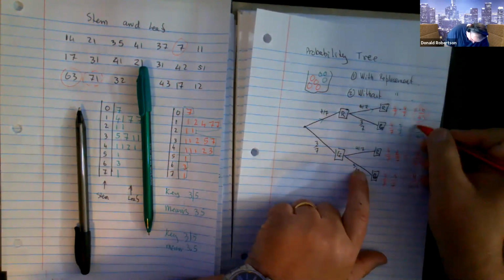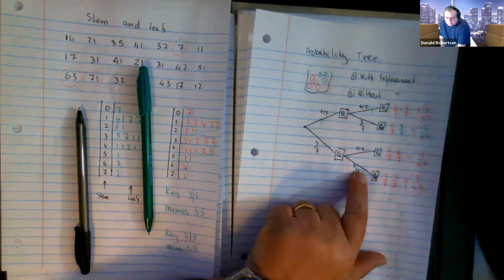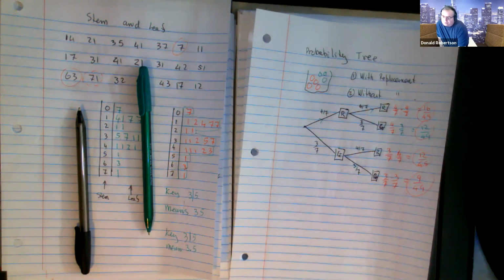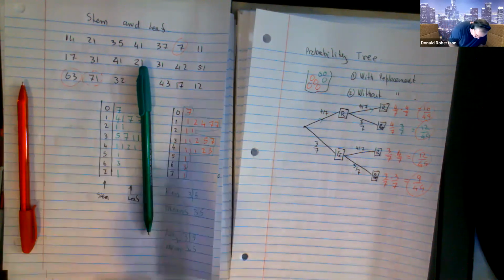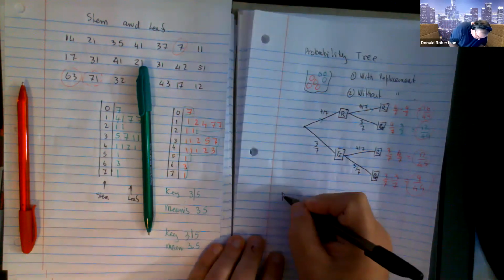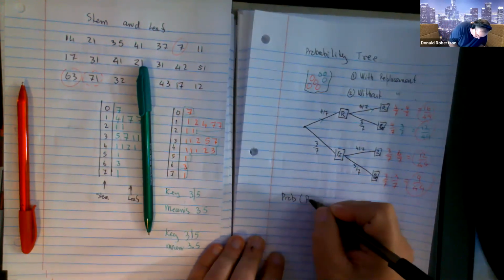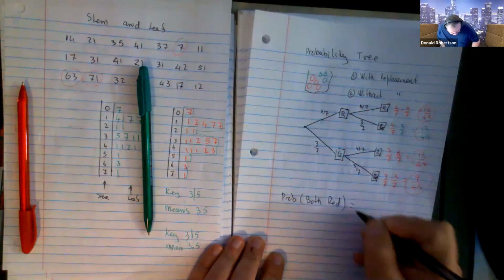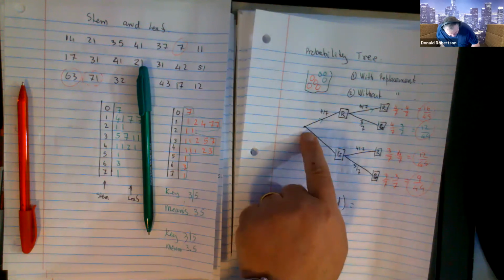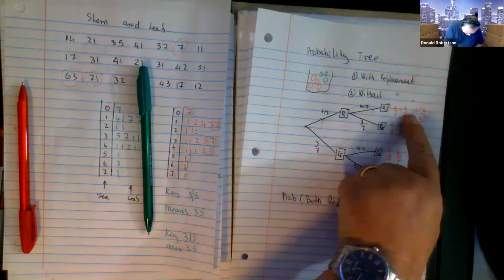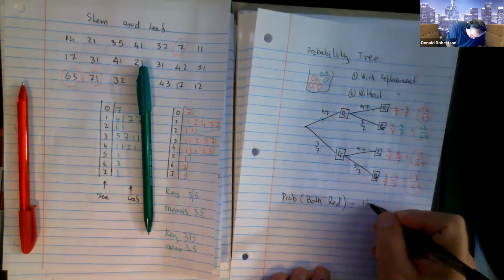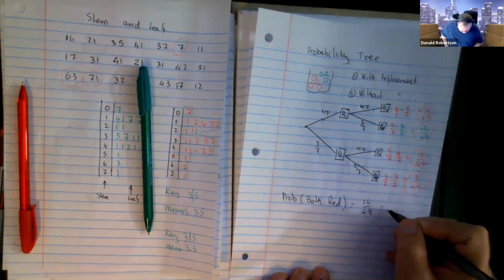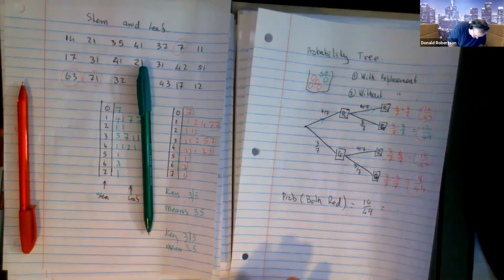These guys here are very often the guys that you're going to be able to use to answer questions like this. What's the probability that both of them were red? Well, you look at the story and you say red and red is this guy. And so the answer is 16 out of 49, and you can turn that into a decimal if you like.